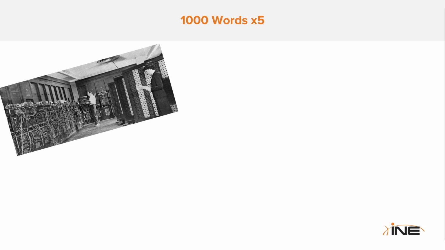Now, quoting Wikipedia, by the end of its operation in 1956, 11 years later, ENIAC contained 18,000 vacuum tubes, 70,000 resistors, approximately 5 million hand-soldered joints, and it weighed more than 30 short tons, occupied 1,800 square feet, and consumed 150 kilowatts of electricity. Well, I guess you have to start somewhere.